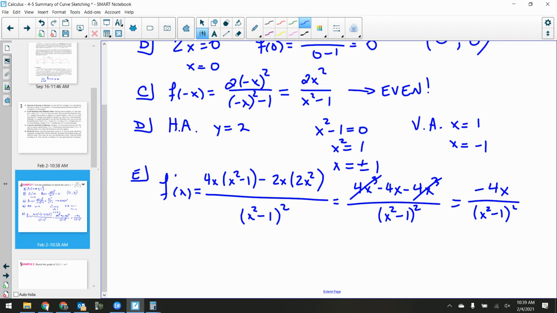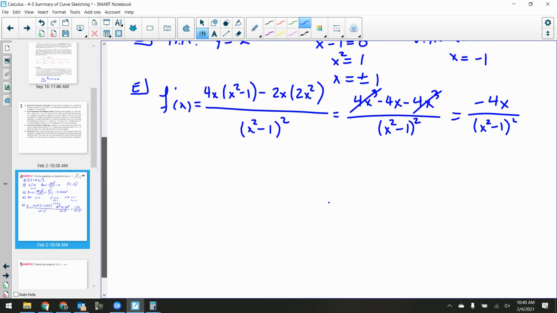So that's our derivative. To find the critical points, I find where the derivative is either undefined or equals 0. I have a potential of the derivative being undefined, right? I have a denominator. So I could say -4x equals 0, so x equals 0.